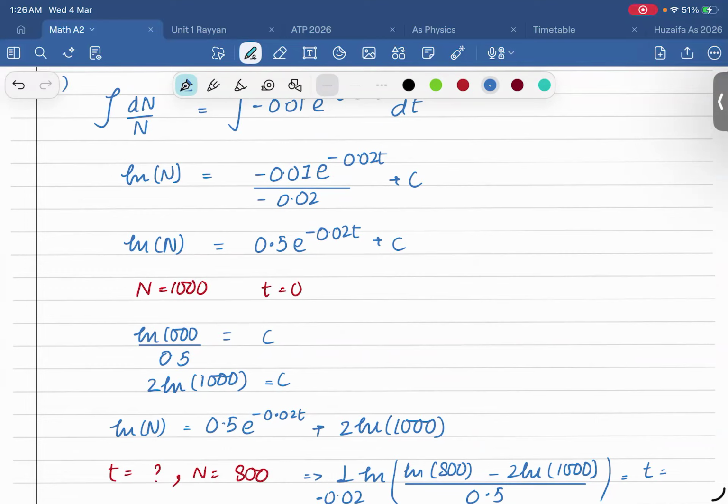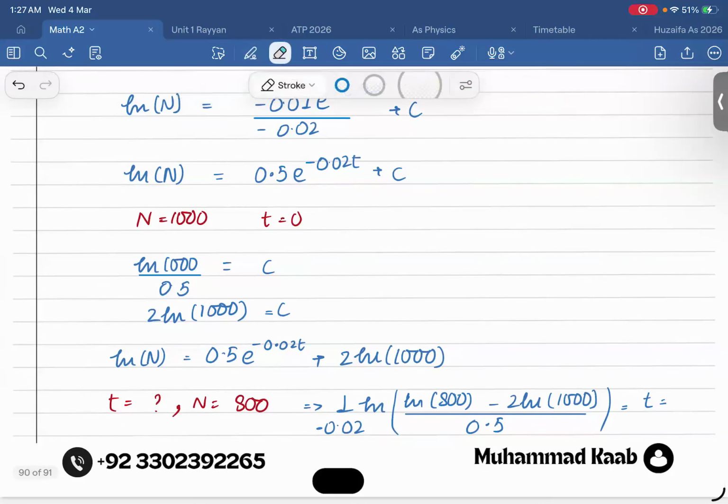So why is it 1 over minus 0.02? You're just going to bring it, you're not integrating it or anything.